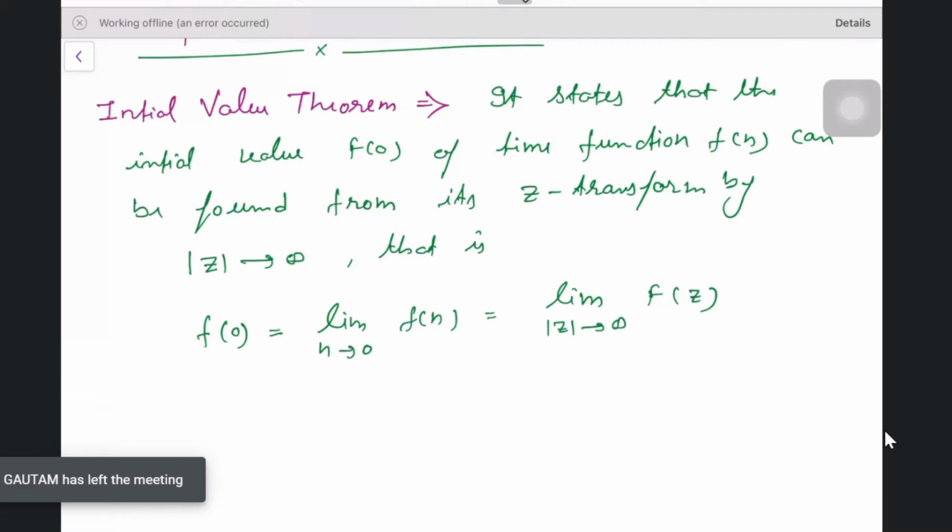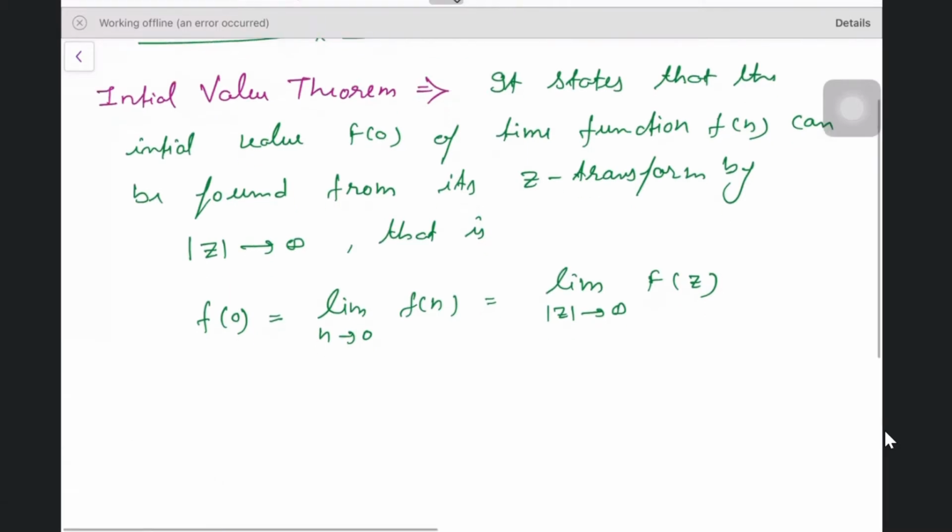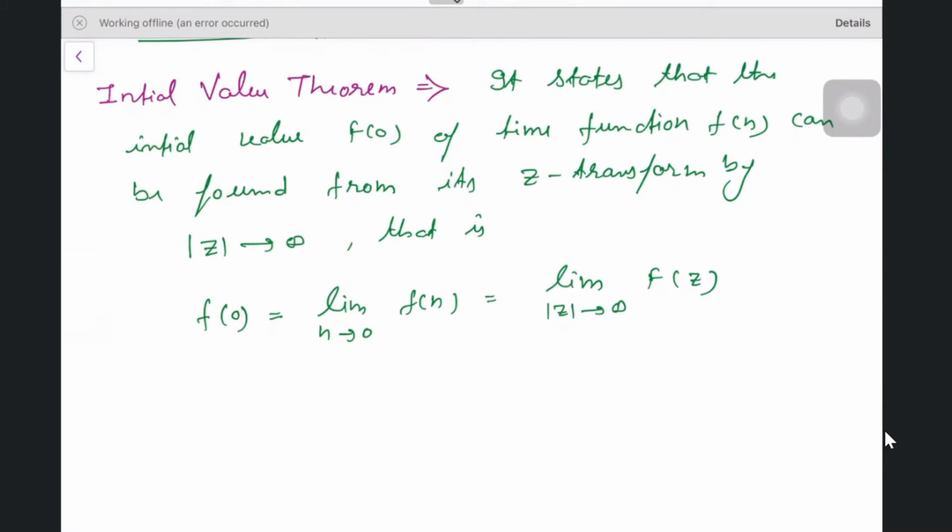Now the same if I talk about the final value theorem.